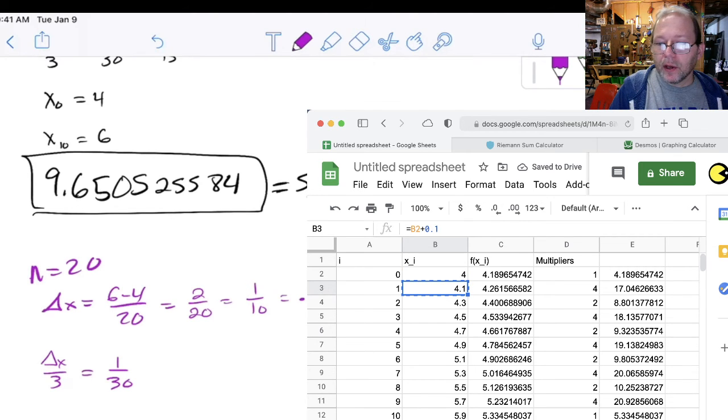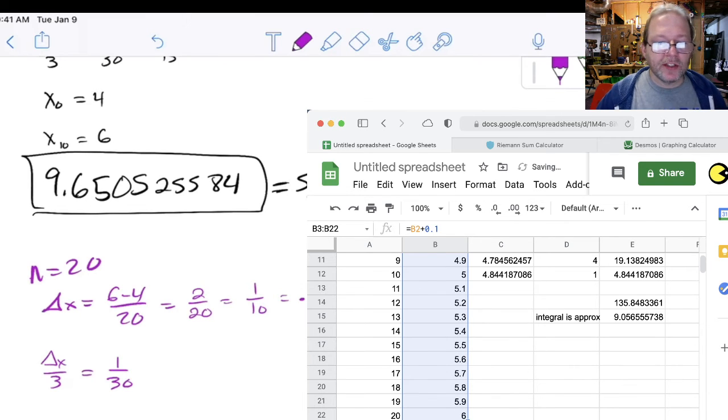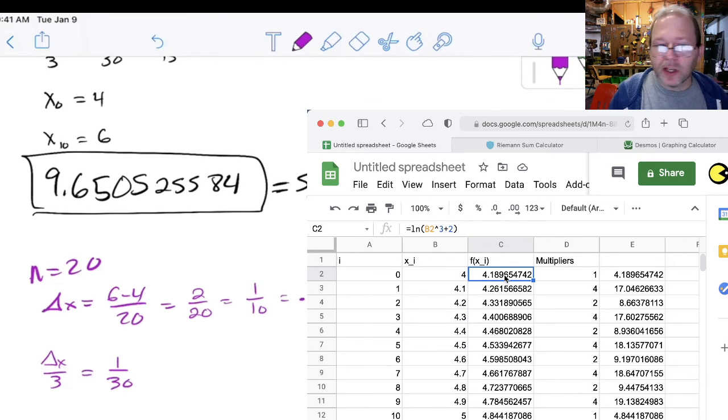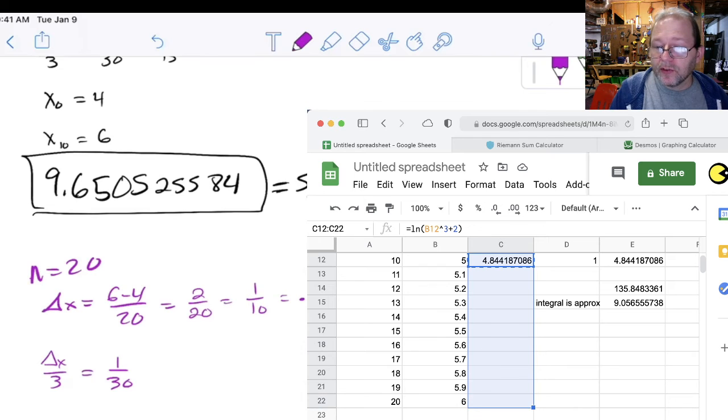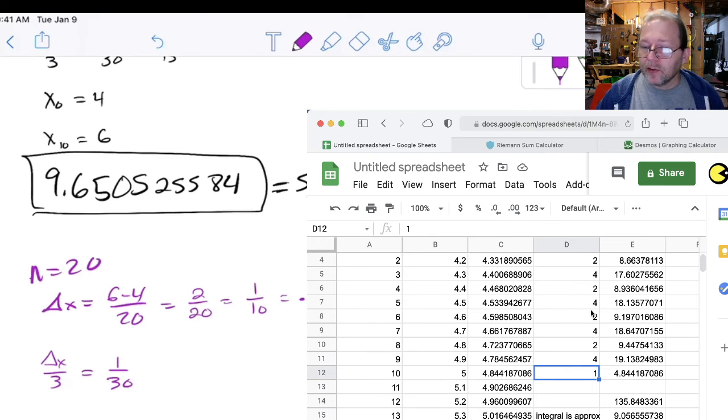So I'm going to take this and copy it down. And sure enough, we get up to 6, and we're going in increments of 0.1. Now this I don't really have to change, because this is just taking the natural log of this cubed plus 2. So I just need to copy the formula the rest of the way down. And my multipliers are still correct, except here I need to change this to a 2.